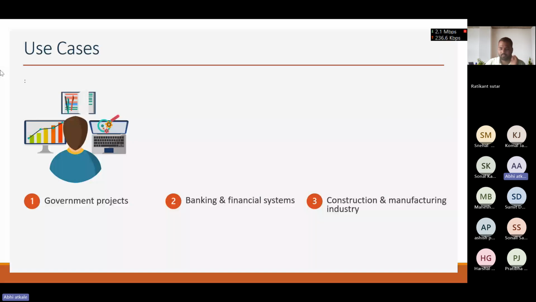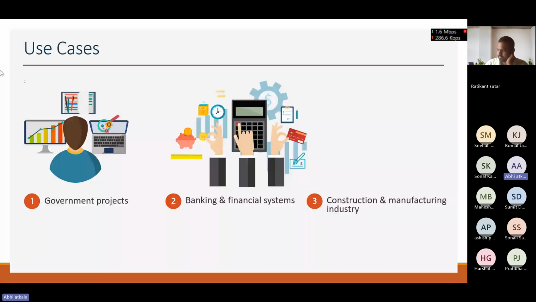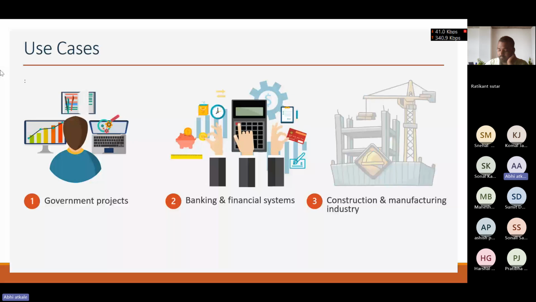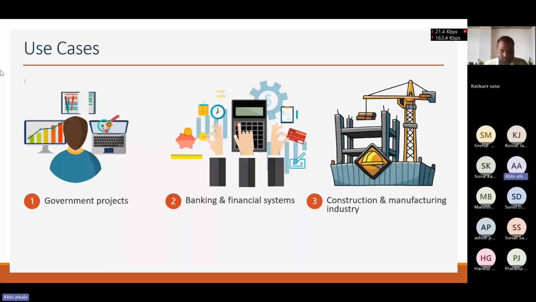And banking and finance systems are also using it. Banking and finance systems are well structured, so that is the reason banking and finance also use the waterfall model. This is a very suitable software development life cycle for banking and finance, and also the construction and manufacturing industry.